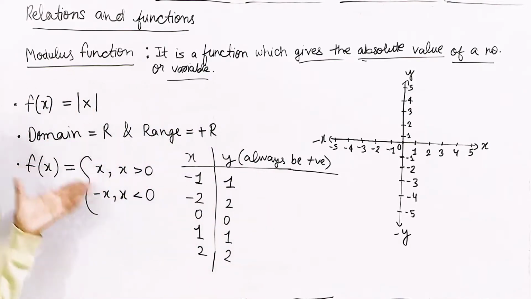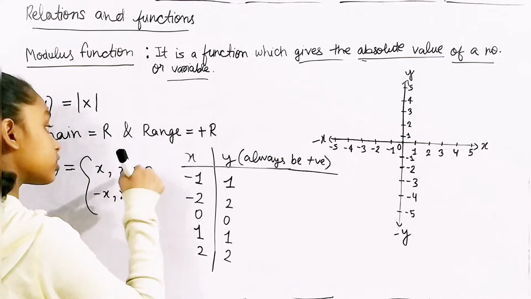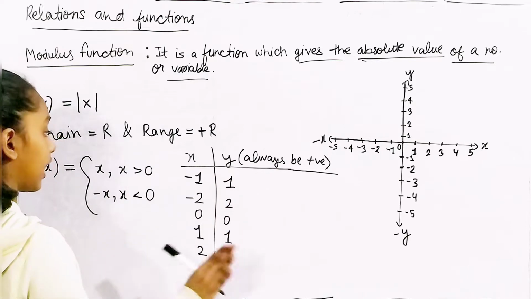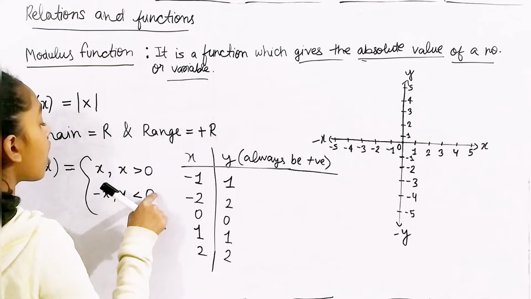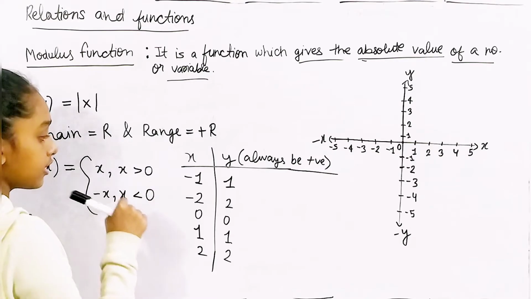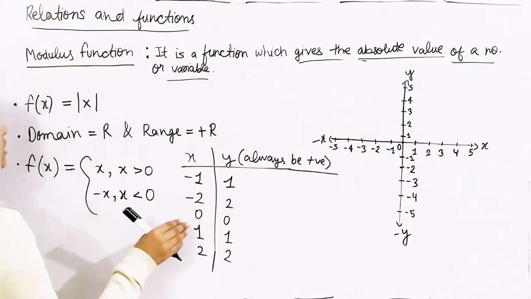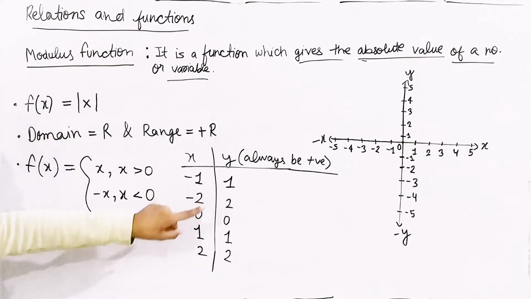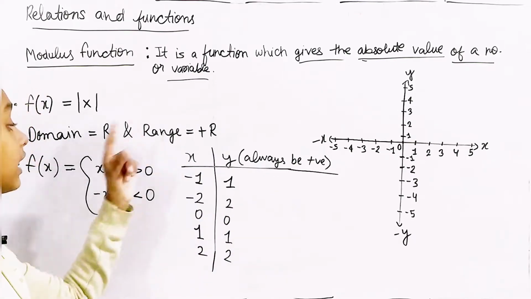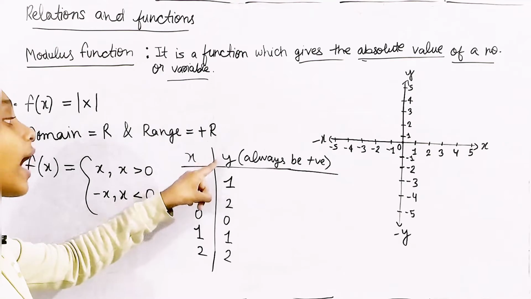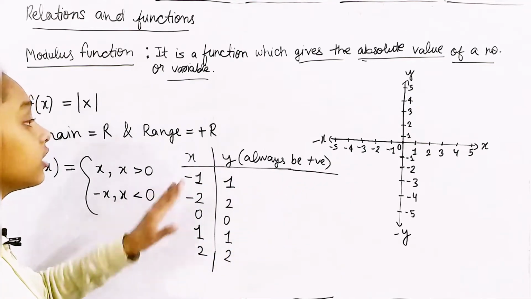But what about this? It is saying that x if x is greater than 0, and negative x if x is smaller than 0. In this form, we always have to remember that our range, which is y, is always going to be positive, so the negative sign will not be included.